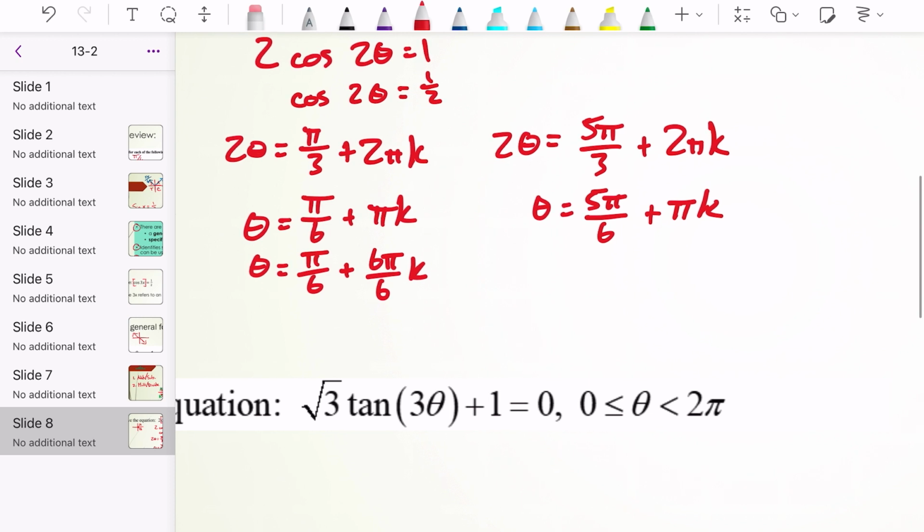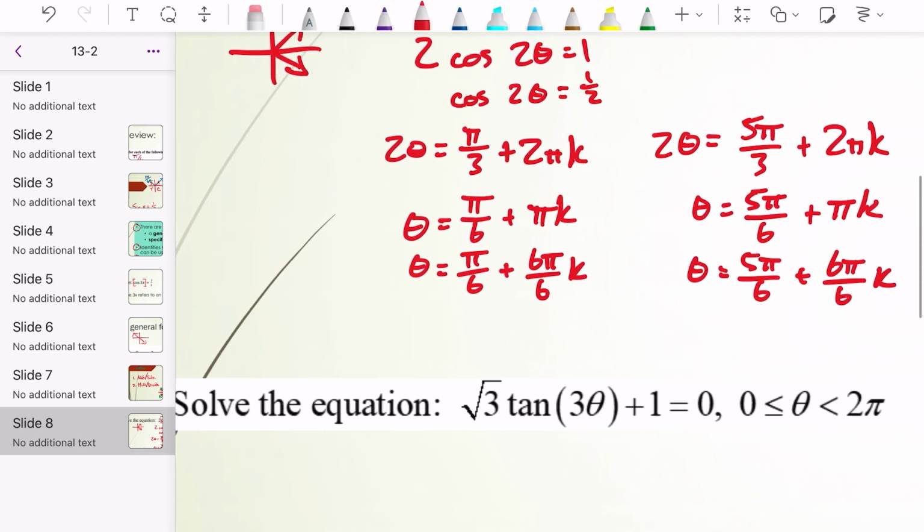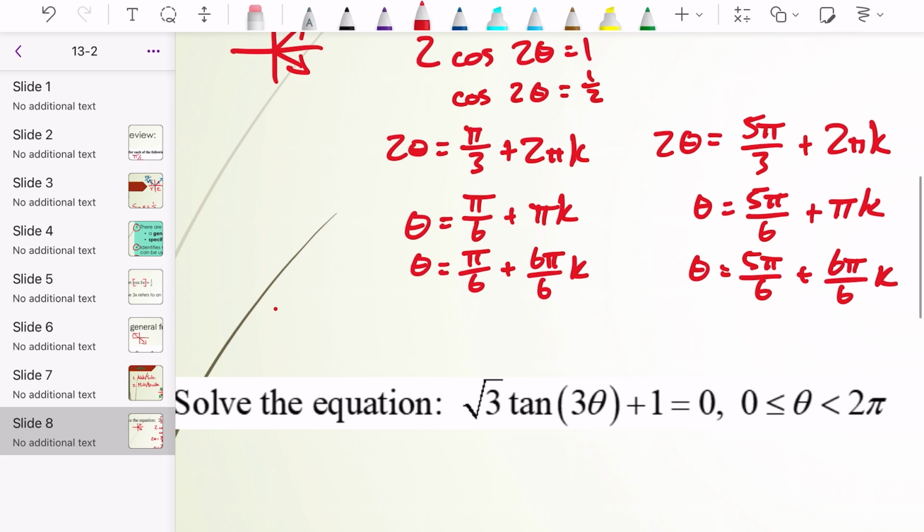And we're going to do the same thing for our other equation. Theta is equal to 5 pi over 6 plus 6 pi over 6 k. In order to figure out what falls between 0 and 2 pi, we're going to set numbers for k, starting with k equaling 0. If k equals 0 in that first equation, 0 times 6 pi over 6 is 0, so our answer would be pi over 6.